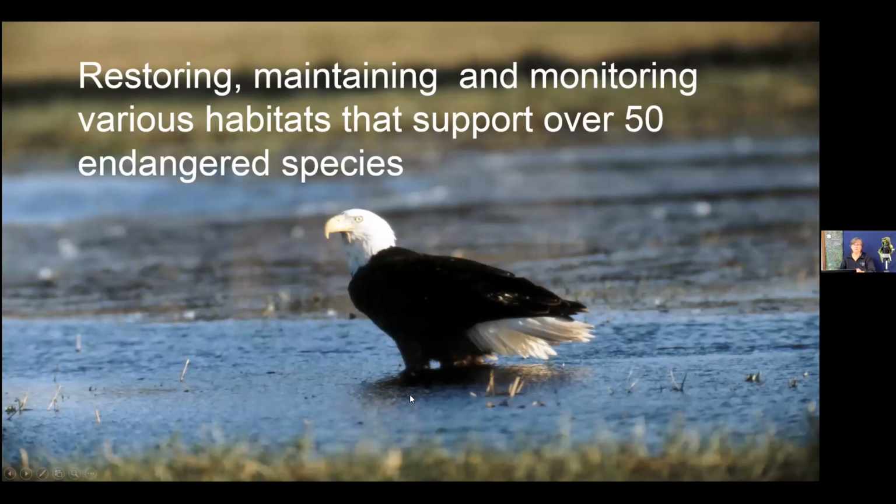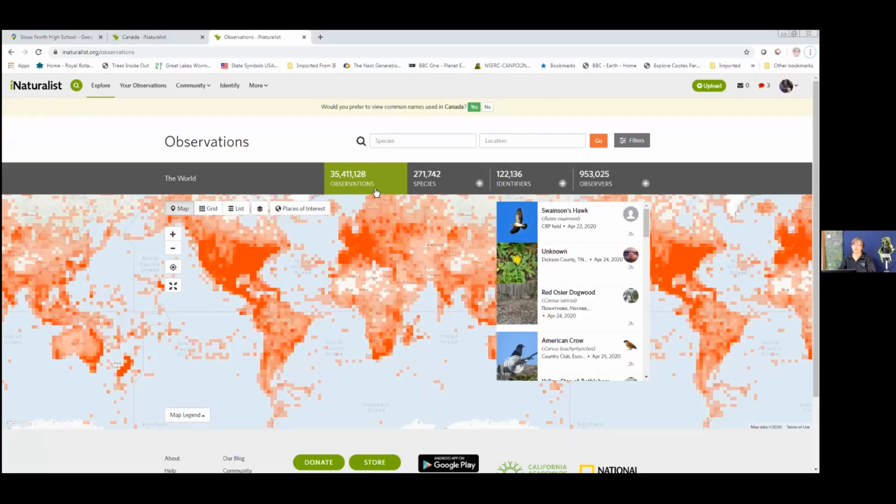Now, the other thing I want to show you is something that you can do where you are. Okay, this is something you can do. So I don't know if you've heard of it, but iNaturalist is something that is always looking for information about what natural things are around the world.